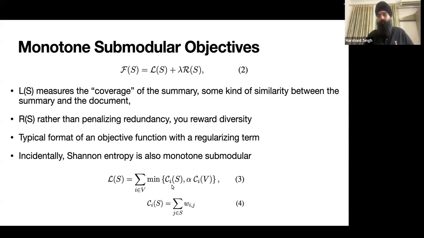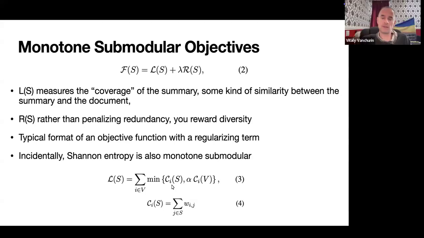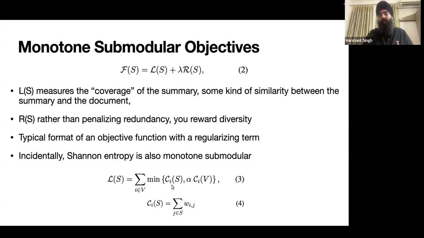Yes, that is a good way to look at it: you have a document which has information about all capitals of the world, and you want something from each capital, but you also want the whole thing to be similar. The way that you actually calculate L of S and R of S is through cosine similarity, etc. These are the standard set of functions to calculate them.